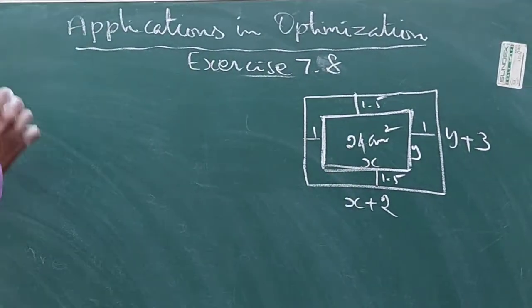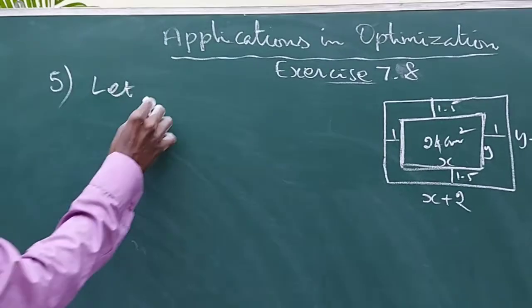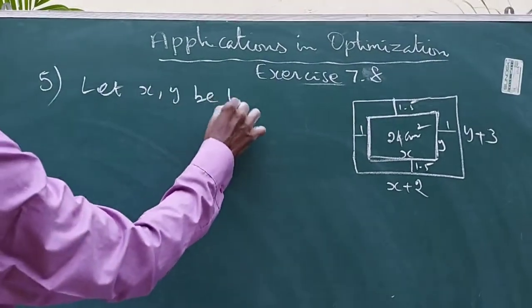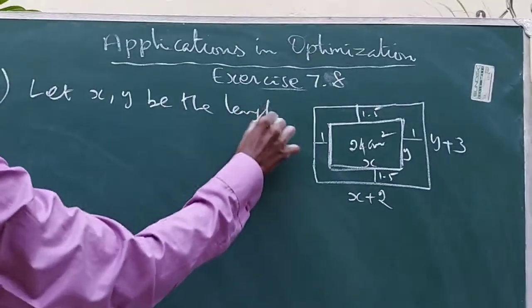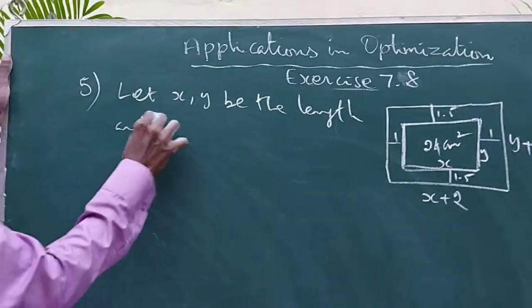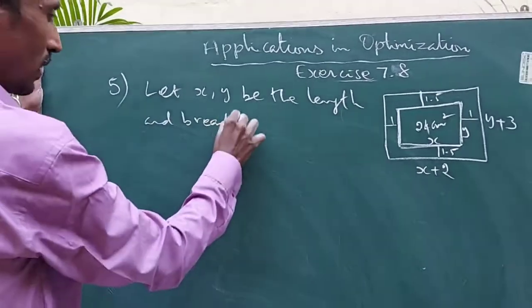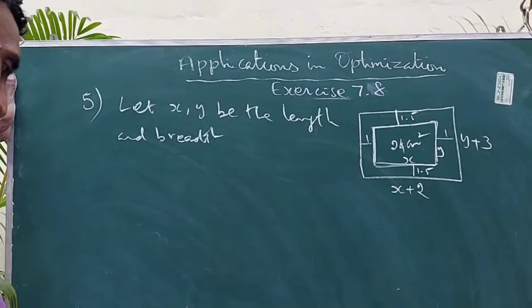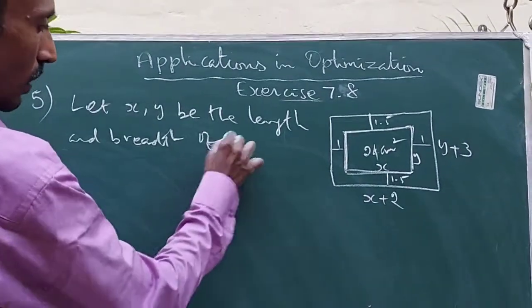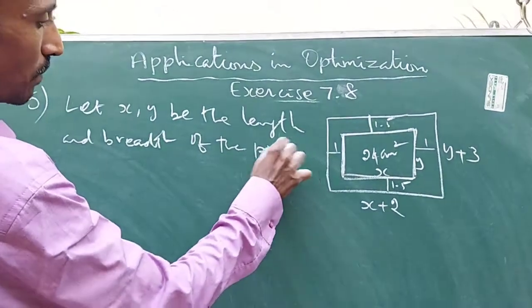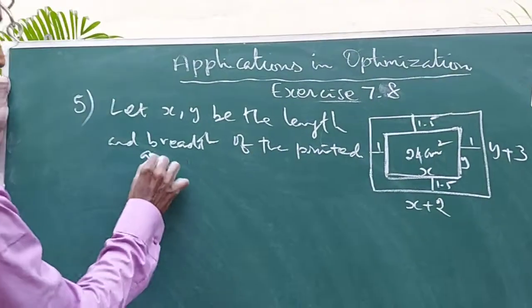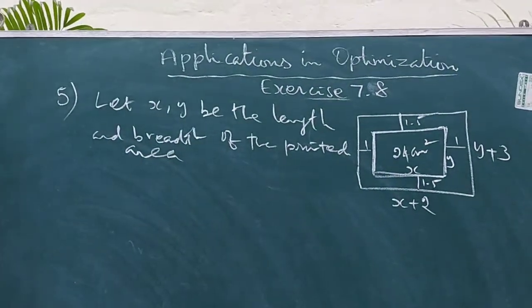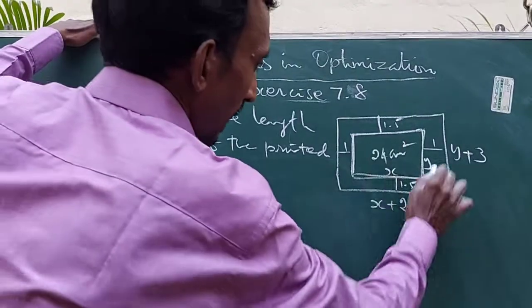So first let x, y be the length and breadth of the printed area.